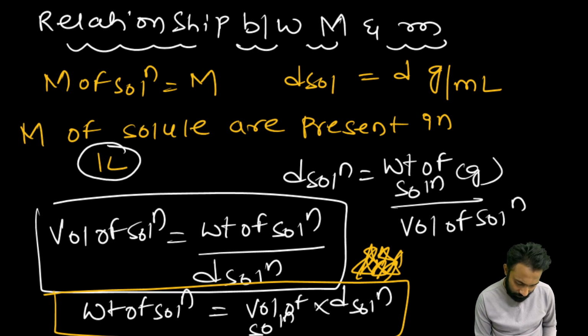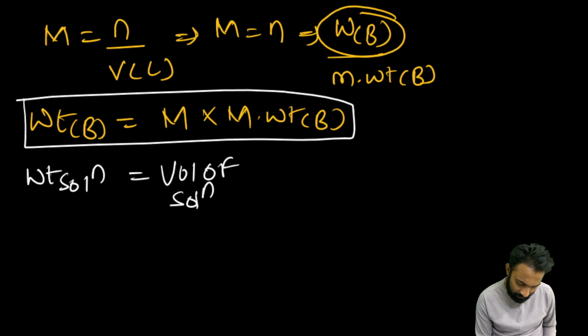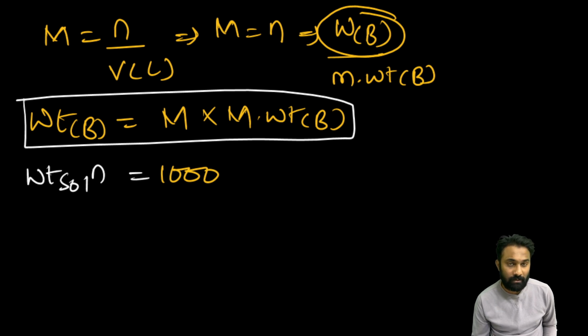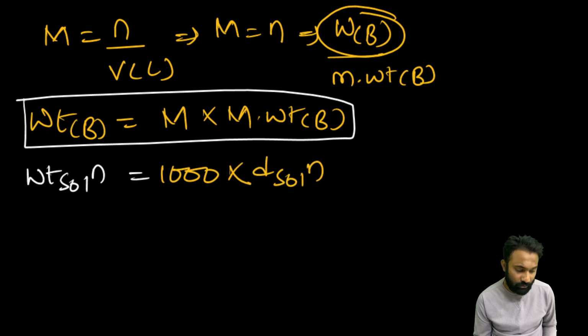So this is in the form of liter. I will convert this volume of the solution into ml. 1 liter of the solution will become 1000 ml, into density of the solution. Is it clear up to now?